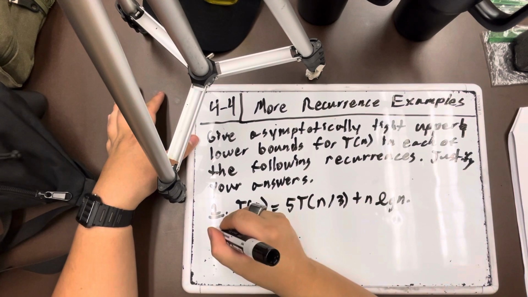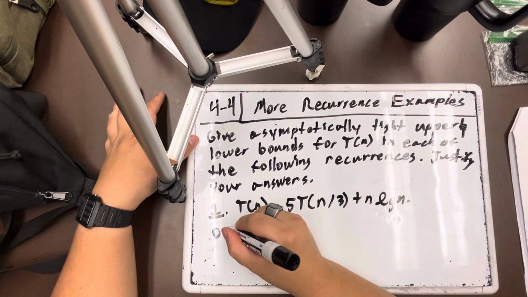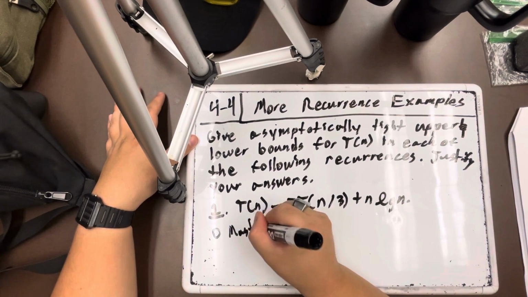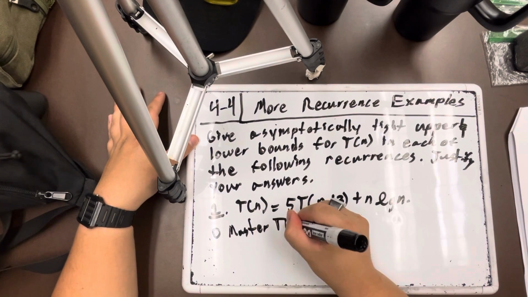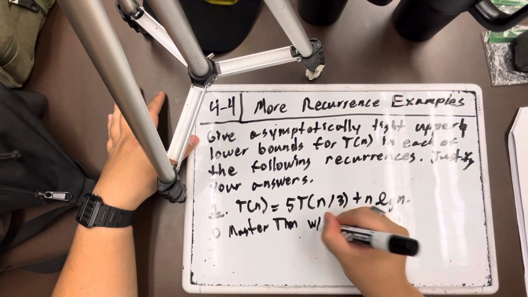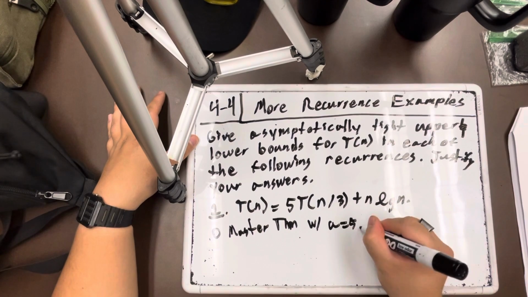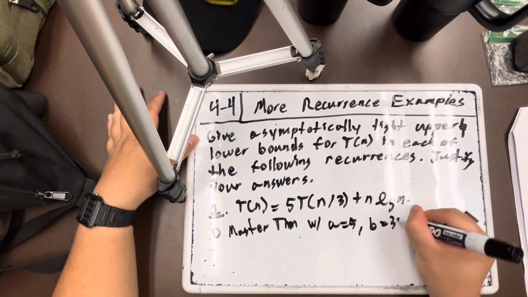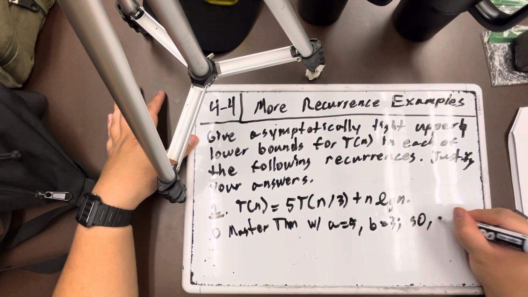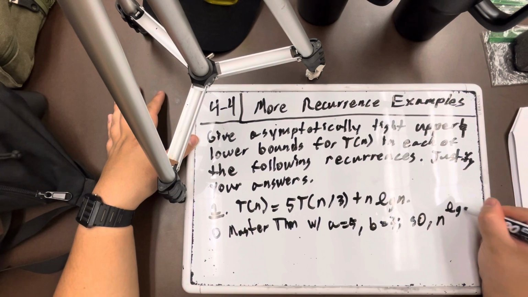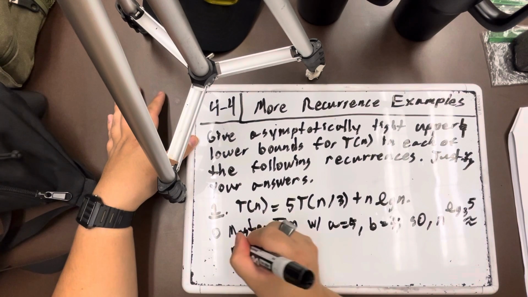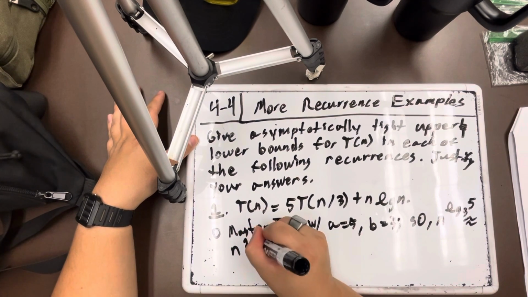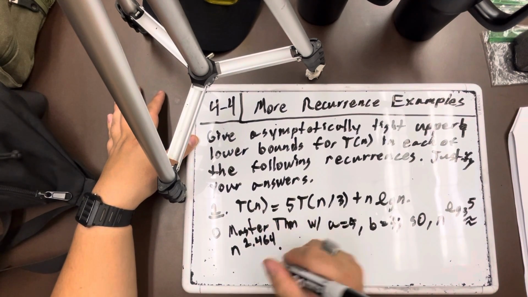So for 1, master theorem with a is equal to 5, b is equal to 3. So n to the log base 3 of 5 is roughly equal to n to the 1.464.